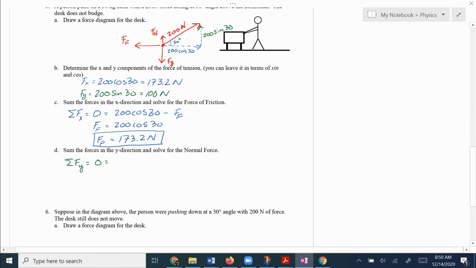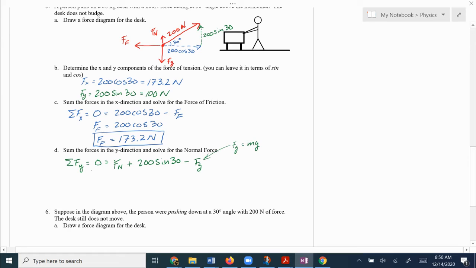So I should note that I have two up forces, the normal force and the 200 sine 30, and then one down force. So that's going to be normal force positive because it's up, 200 sine 30 positive because it's up, minus the force of gravity. Of course, let's not forget force of gravity is equal to m times g.